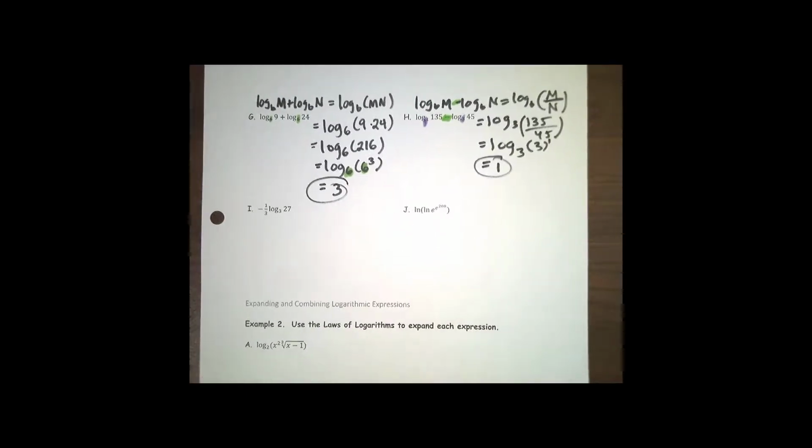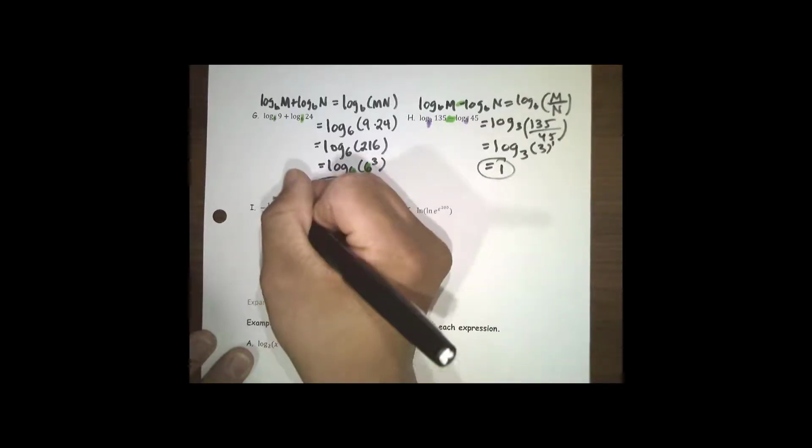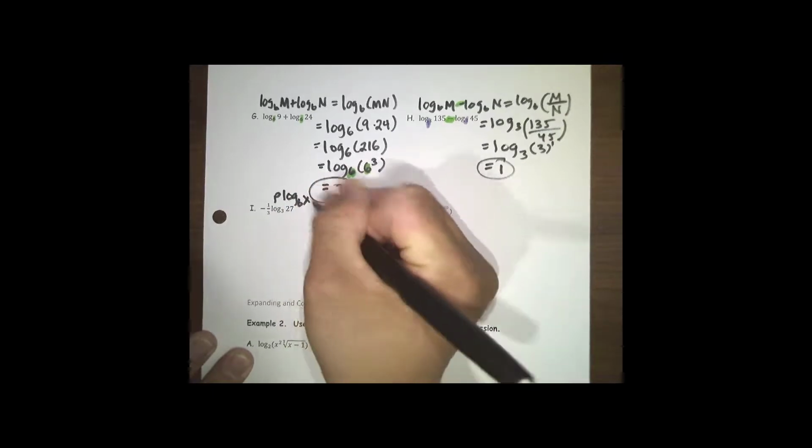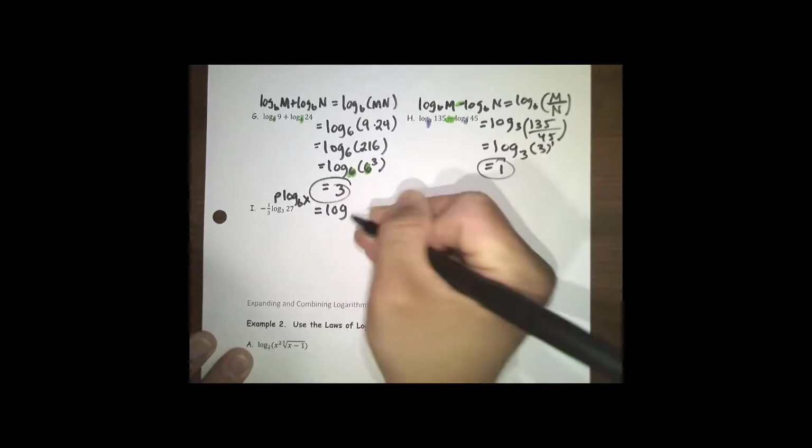Now I, negative 1/3 log base 3 of 27. A way to do this would be to bring that exponent back up. Remember we had p log base b of x is log base b of x to the p power.